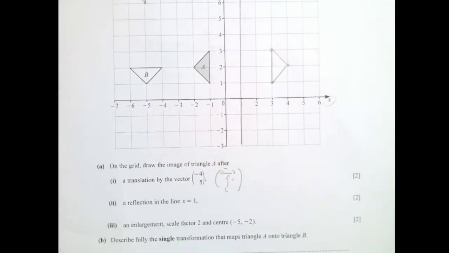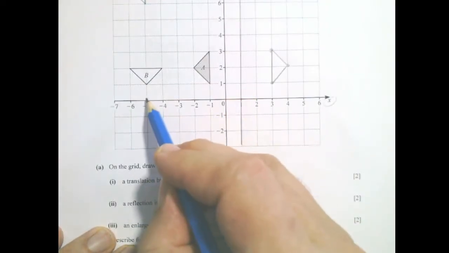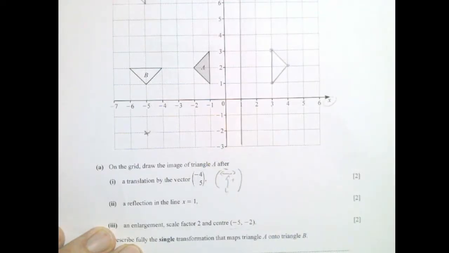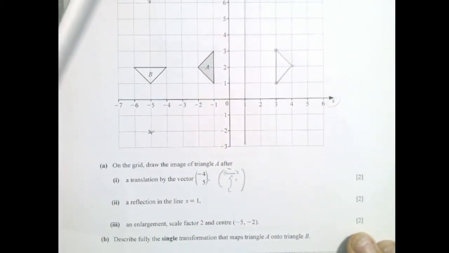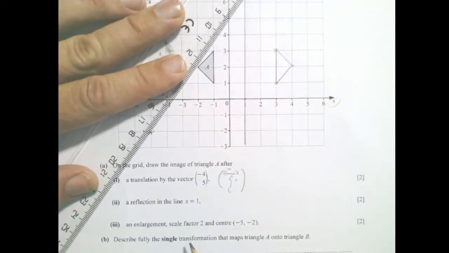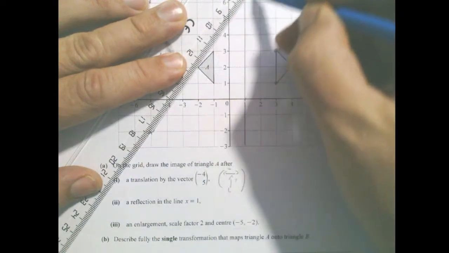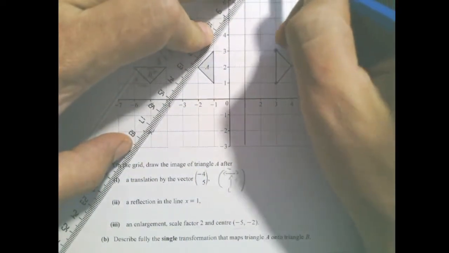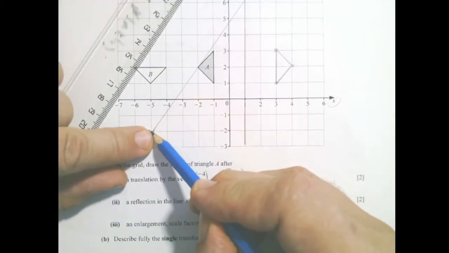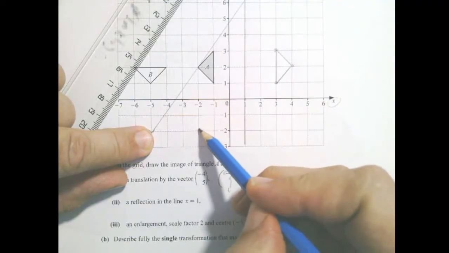Last one, enlargement, scale factor 2. Let's start with the center, -5 along the corridor, -2 down the stairs. There is our center of enlargement. Scale factor 2 means everything has to double in distance. So if we start with this corner here, to get from the center of enlargement to that corner there is 3 squares to the right and 4 squares up.